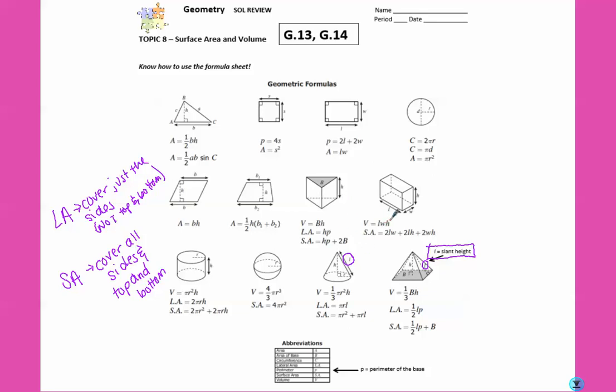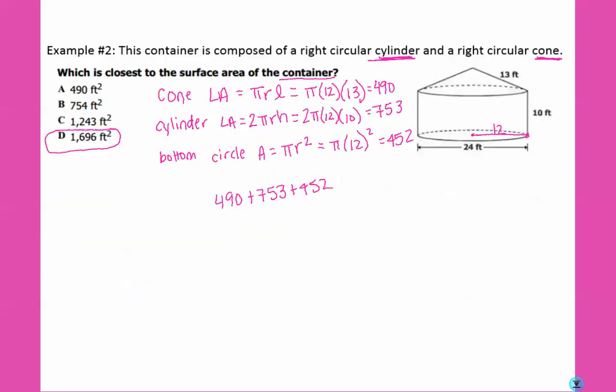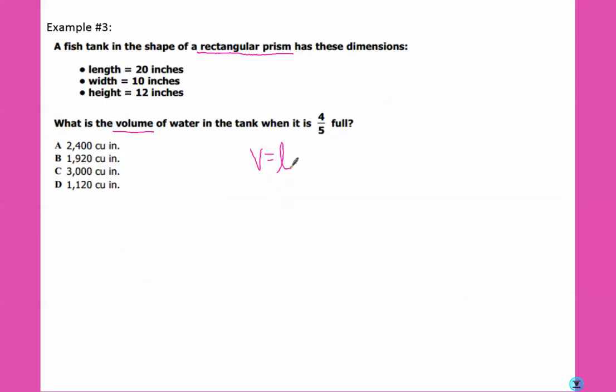Volume is length times width times height, which they gave us the measurements here. And since we want it when it's only 4/5 full, we're going to multiply that by 4/5. Type that in your calculator and you should get close to 1,920.